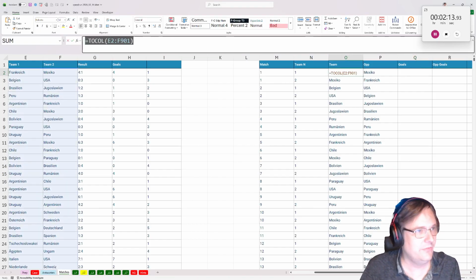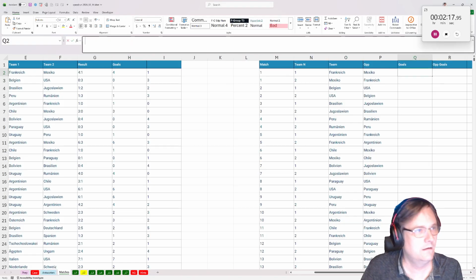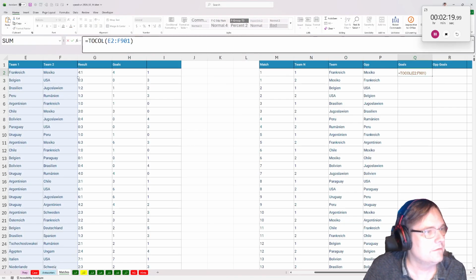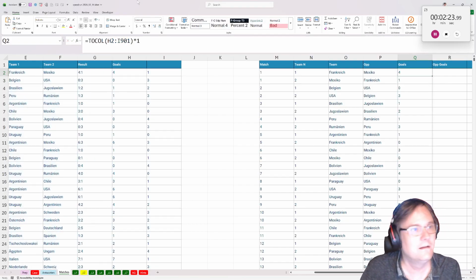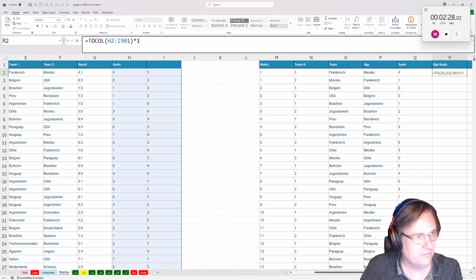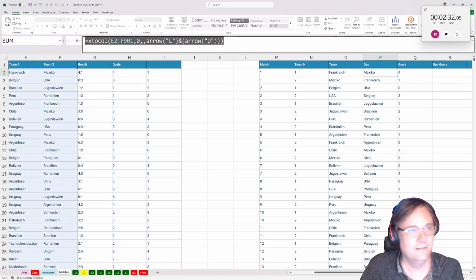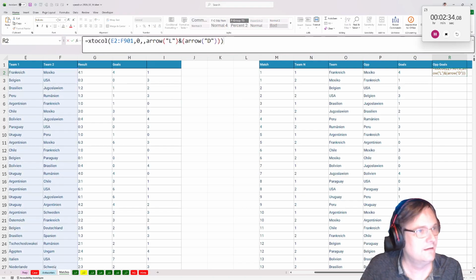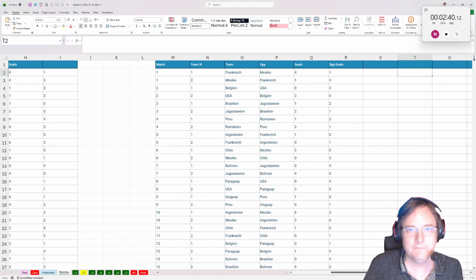Goals is the same thing. I got to make them numbers also, right? Yeah, like that. So that's goals, and then the opponent's goals are like this, but it's based on goals, and it's based on being numeric, right?